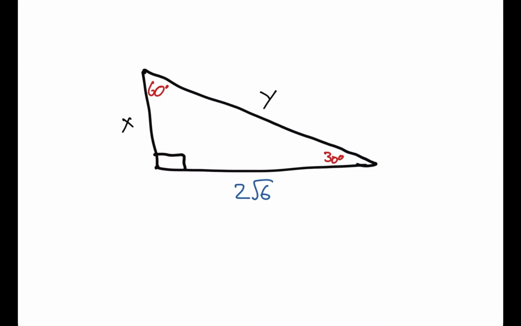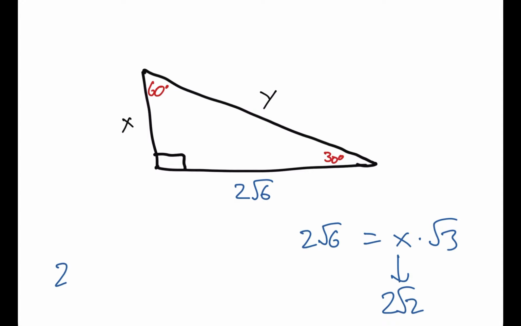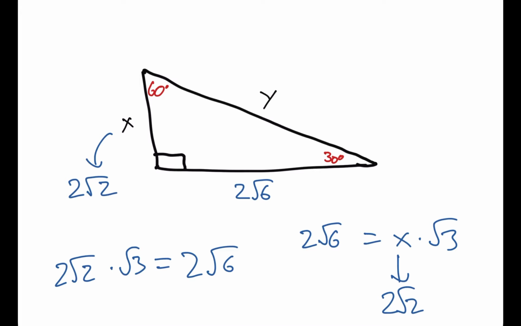We know that 2 root 6 is equal to x times root 3. Now we know that x is equal to 2 root 2, because with radicals, 2 root 2 times root 3 is just 2 root 6. So we can find out that x is in fact equal to 2 root 2.